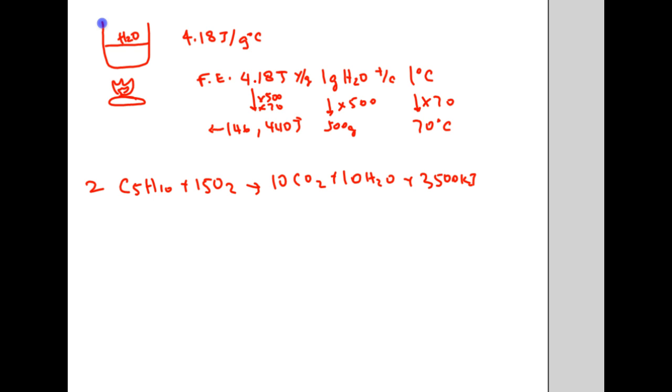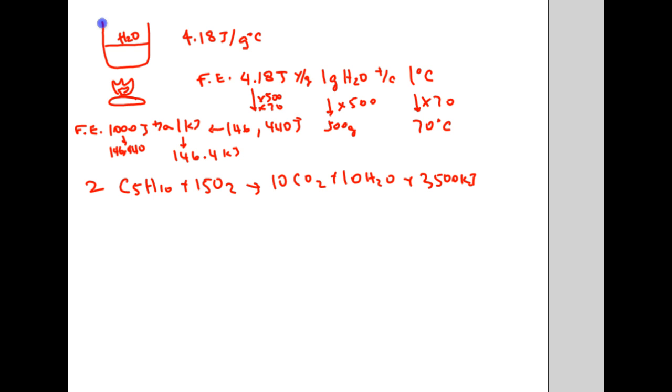For every 1,000 joules, there is 1 kilojoule. So if you have 146,440 joules, over here you should have 146.4 kilojoules.